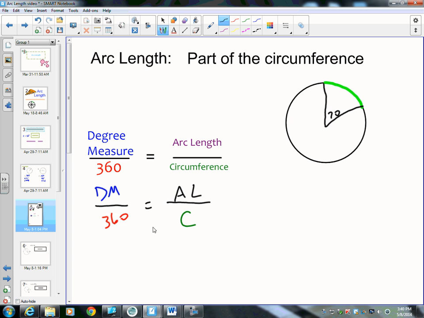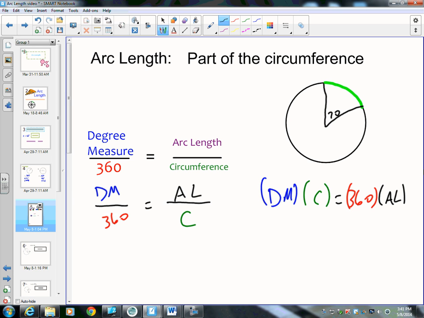So I'm going to actually cross multiply just like this with all these letters right here. So degree measure times circumference. Again, we're cross multiplying, is equal to 360 times our arc length. Well, again, we're trying to find our arc length, right?